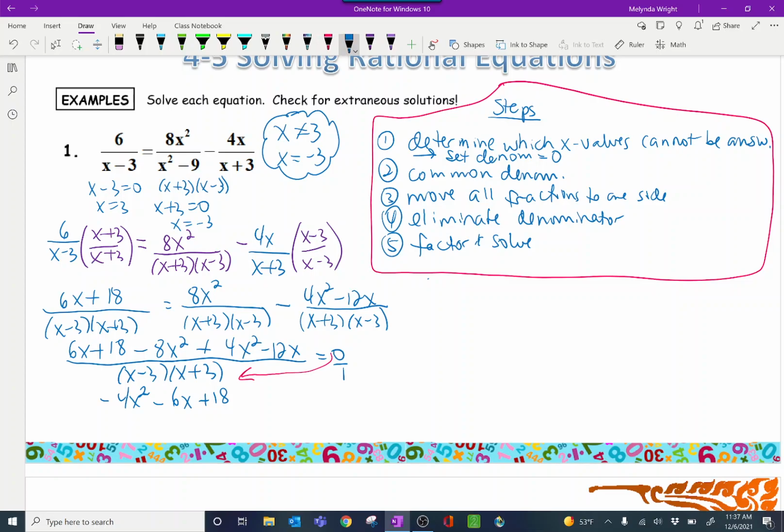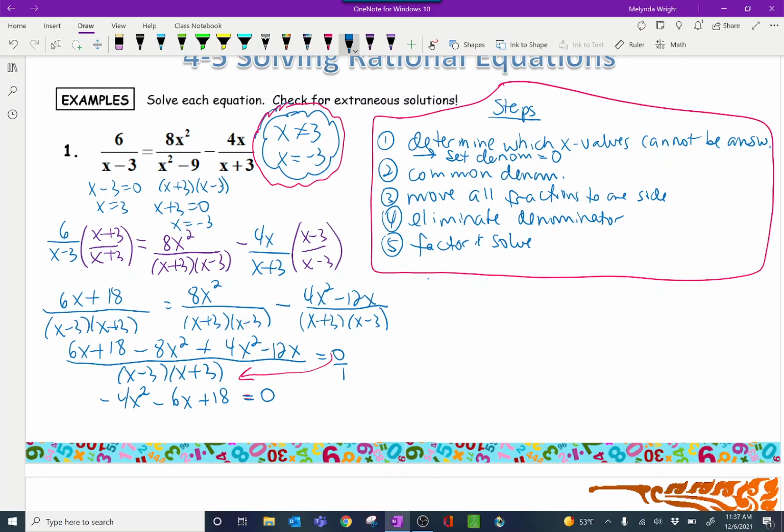So that's the rationale for how I can get rid of the denominator. I've already made a point to say what x can't be. That's what we need the denominator for. What is x not allowed to be? So now I can just eliminate the denominator and factor and solve.